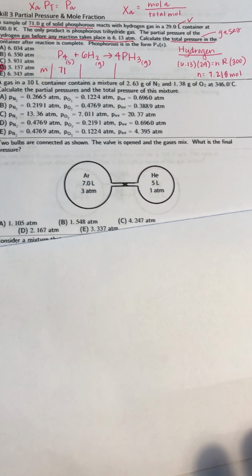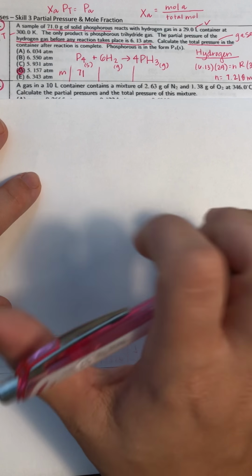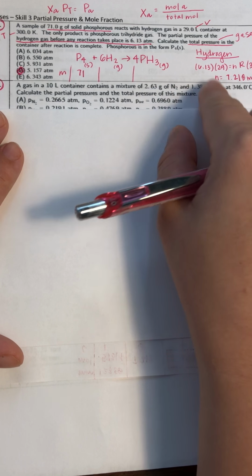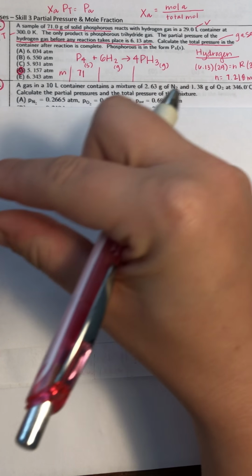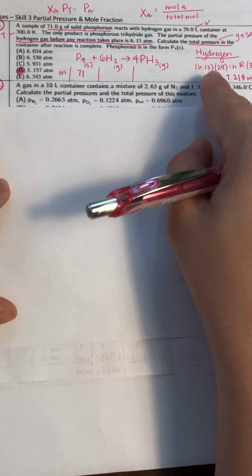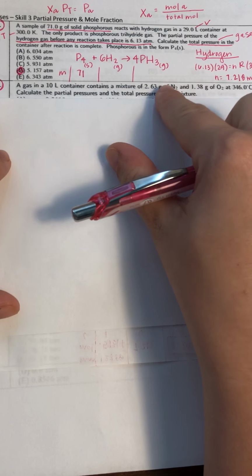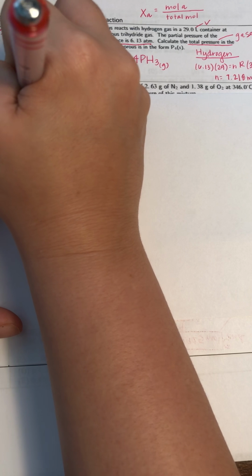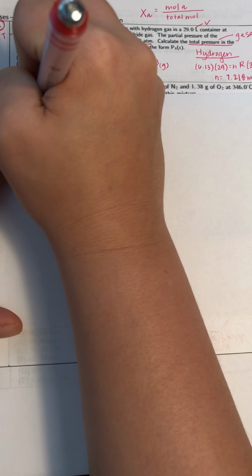It's up to you. So I know volume, I know temperature, and I can get these both to moles. Then I'll use PV equals nRT and find pressure of both of these. So I'll do nitrogen first. I'm just getting it to moles by dividing by molar mass.